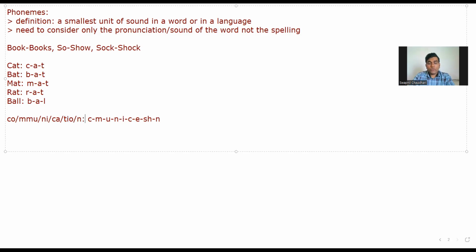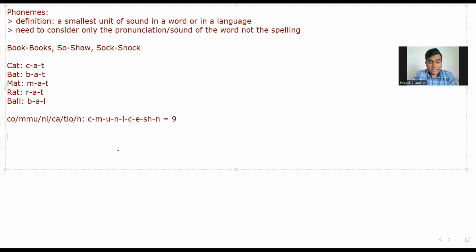Okay? So overall, if you try to count the number of phonemes, we have 1, 2, 3, 4, 5, 6, 7, 8, and 9. Okay? So you do not need to look at the spelling. You need to focus on the pronunciation.